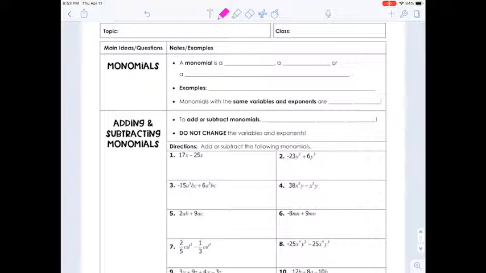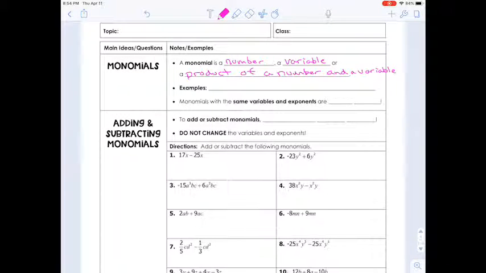Let's go. A monomial is a number, a variable, or a product of a number and a variable. Let's write down a few examples.